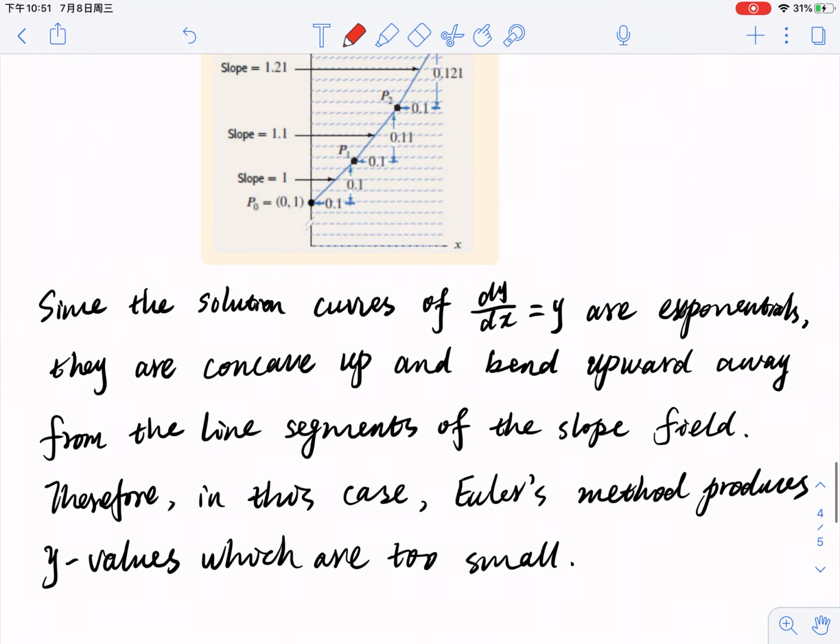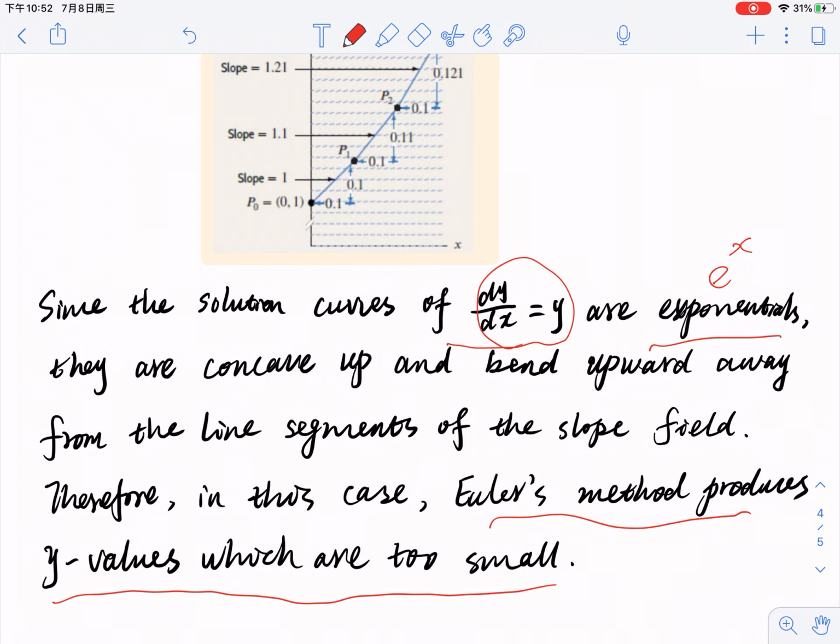Since the solution curves of this differential equation are exponentials, e to the x, they are concave up and bend upward away from the line segments of the slope field. Therefore, in this case, Euler's method produces y values which are too small.